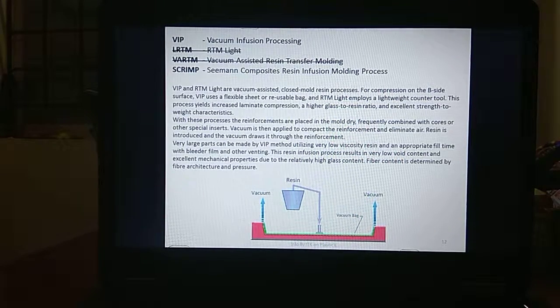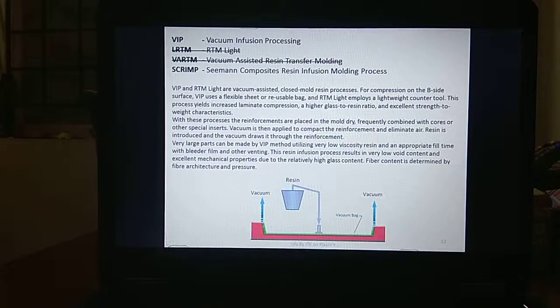Vacuum is then applied to compact the reinforcement and eliminate the air. Resin is introduced and vacuum draws it through the reinforcement. Very large parts can be made with the vacuum infusion process, utilizing very low viscosity resin and appropriate fill time with the bleeder film and other vents.